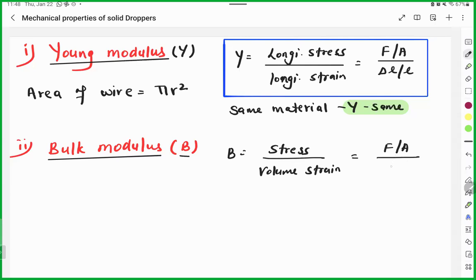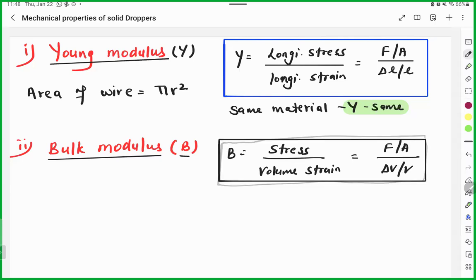Volumetric strain will be change in volume by original volume. So this is also equal to the pressure. Pressure P is equal to force upon area as well.